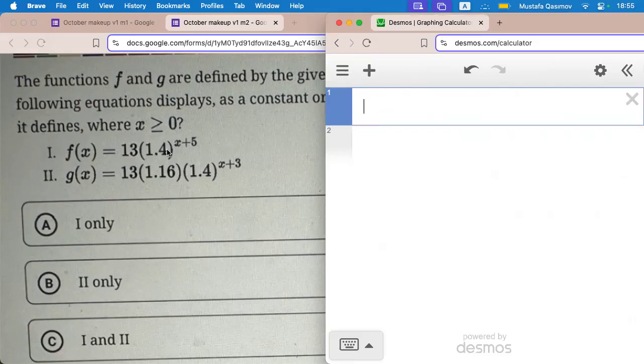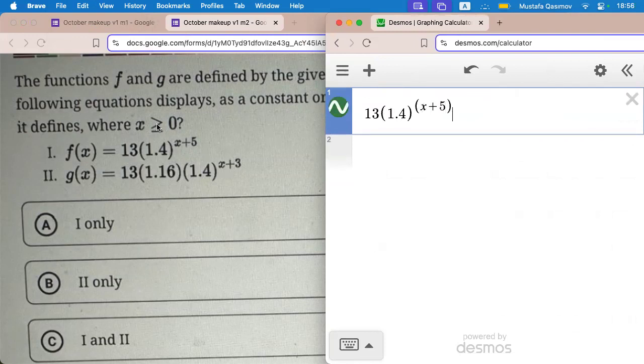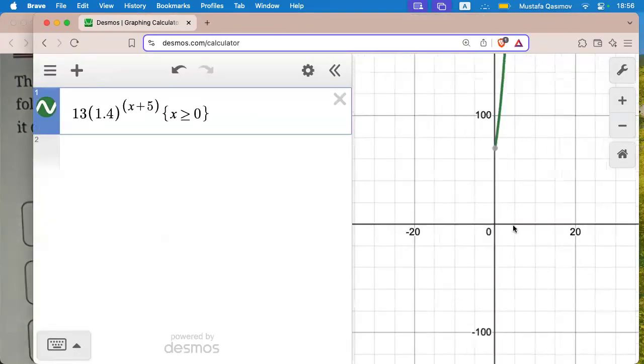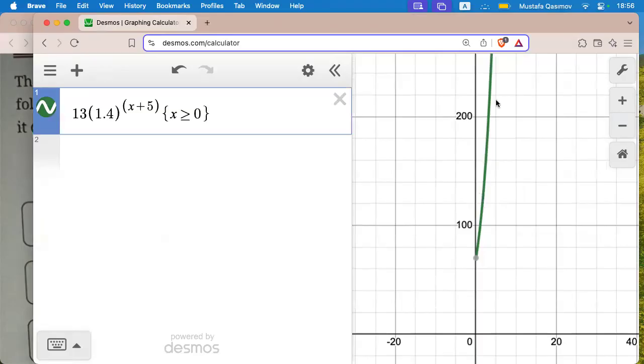Okay, let's do option A. 30 multiplied by 1.4 to the power of x plus 5. Then let's write that one and let's use this bracket: x is greater than or equal to 0. So what's the minimum value here?